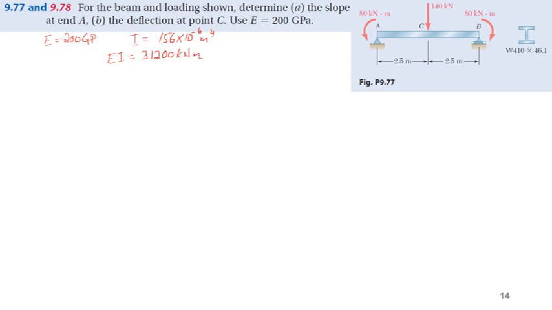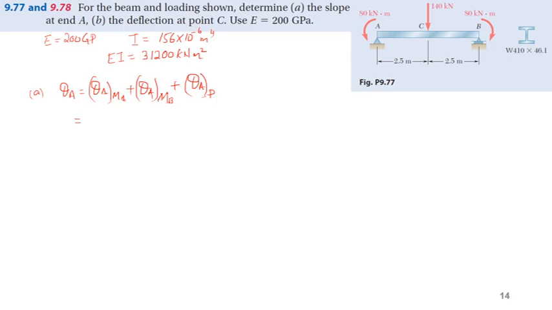Okay, now part A, theta A will be theta A due to moment at A plus theta A due to moment at B plus theta A due to load P. So when we put in the values, we already calculated those values.